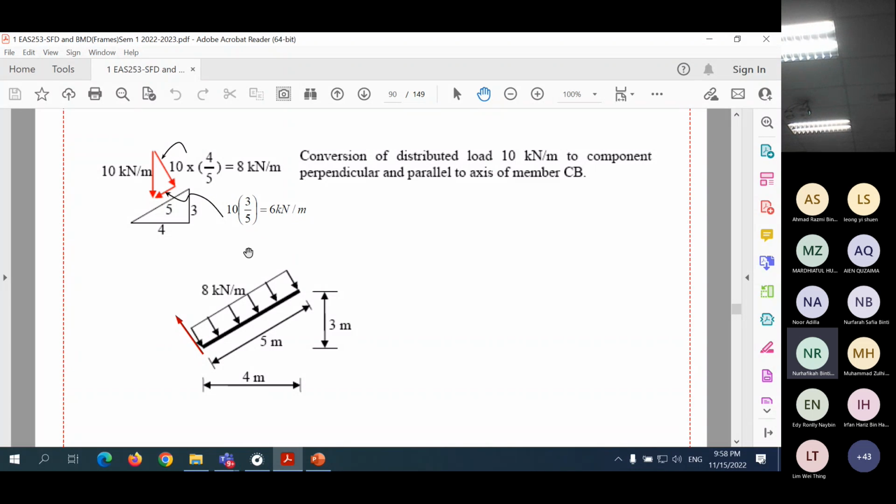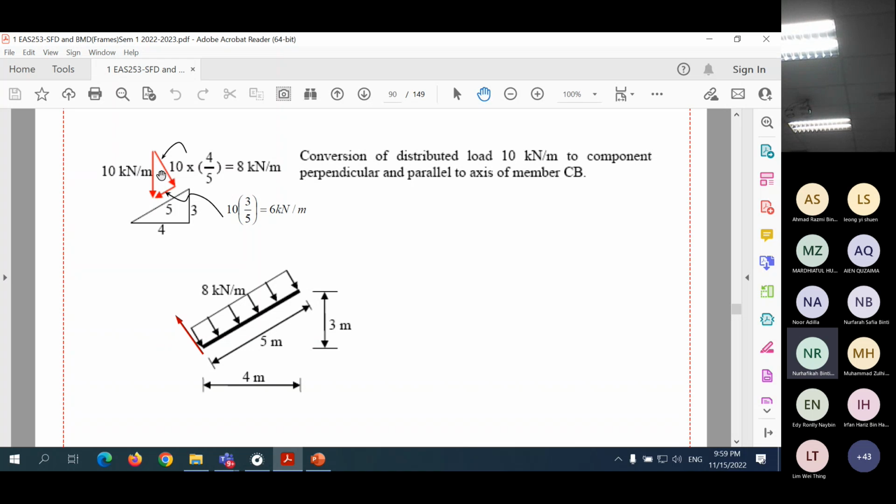So this inclination can be calculated from this triangle. To calculate the components, you need to know this angle.